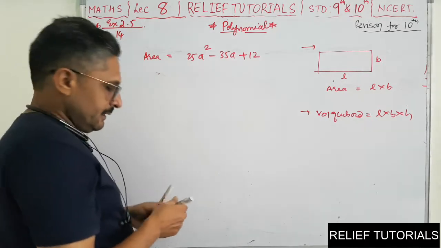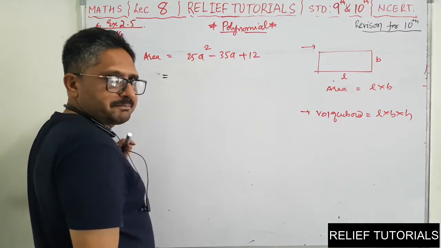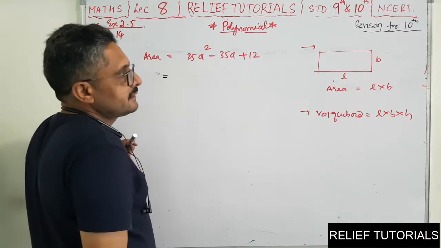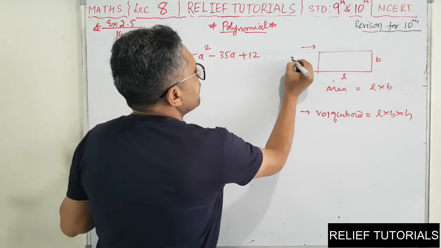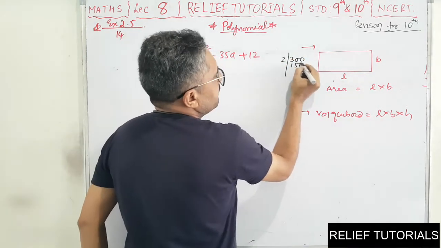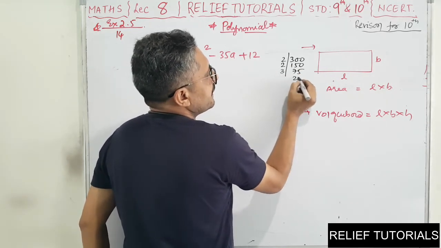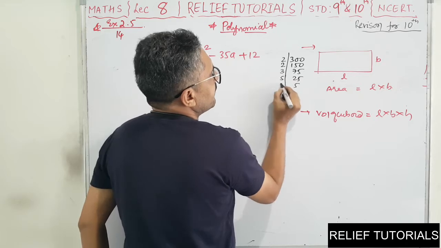See, if I want to find the factors, 25 into 12 is 300. Now you will find the factors of 300. So what will we write? See, 2, 150, 2, 75, then 3, 25, then 5, 5, 5, 1.